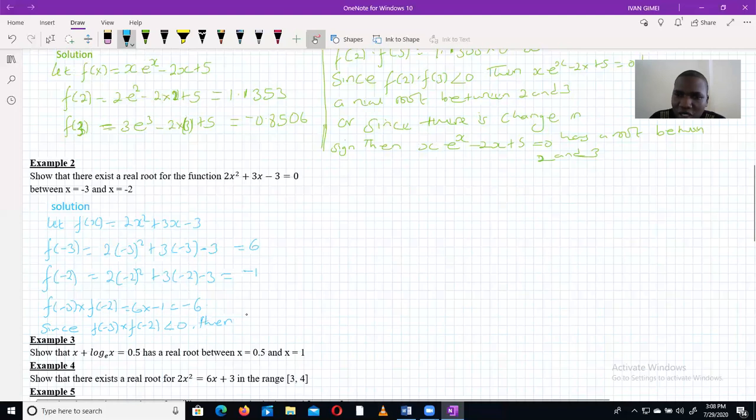Then there is a real root of the function 2x squared plus 3x minus 3 equals 0 between x equals negative 3 and x equals negative 2.